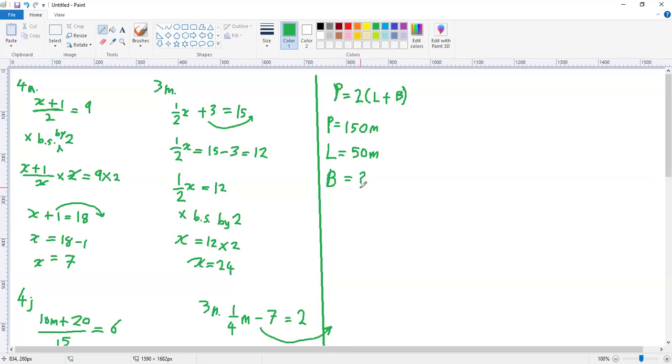Once you have your parameters lined up like this, all you need to do is to substitute wherever you see them in the formula. So without much ado, this is what we'll be doing.